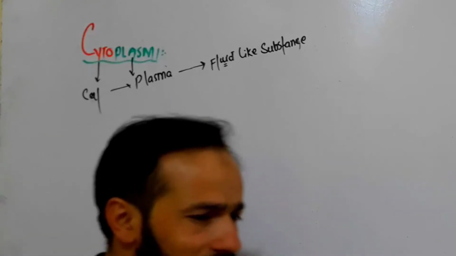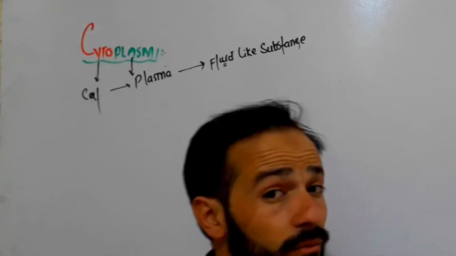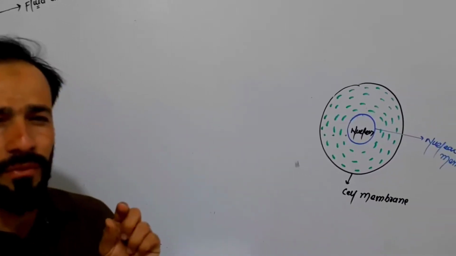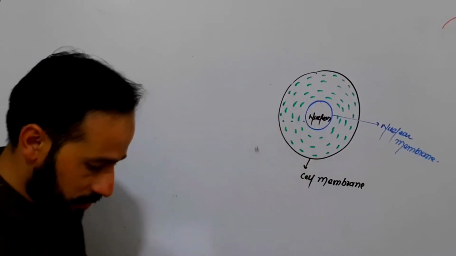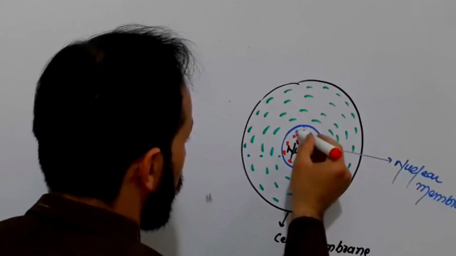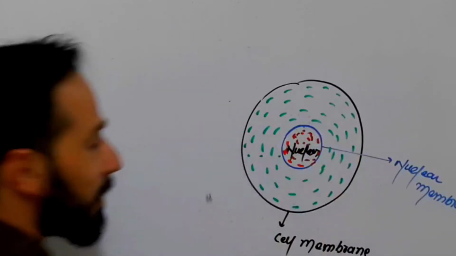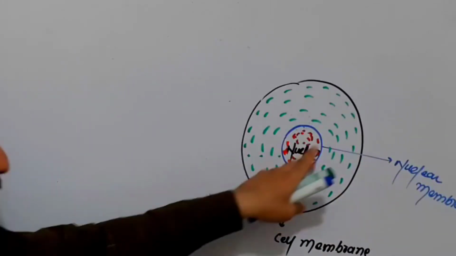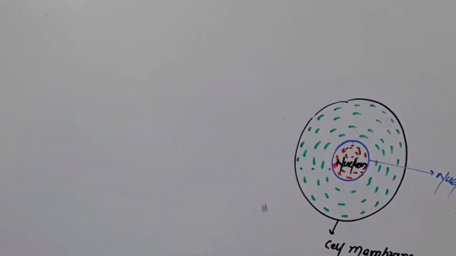But what is the exact location of the cytoplasm? We also have a semi-fluid like substance inside the nucleus, a little bit of fluid, which we call nucleoplasm, right? But we are not talking about that nucleoplasm, we are talking about the cytoplasm.